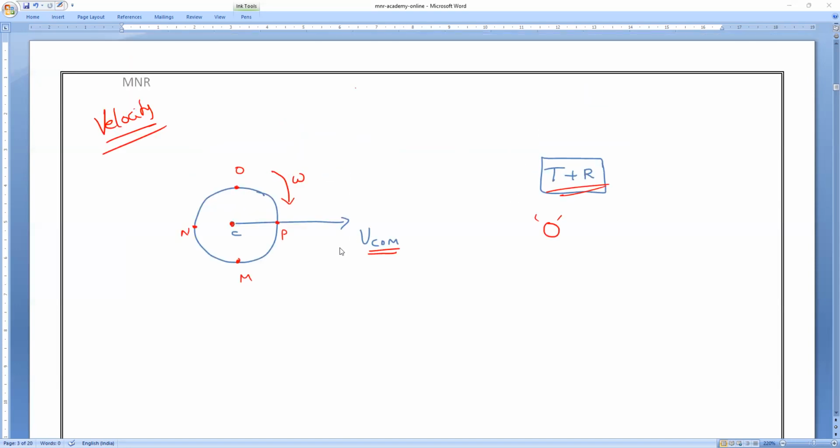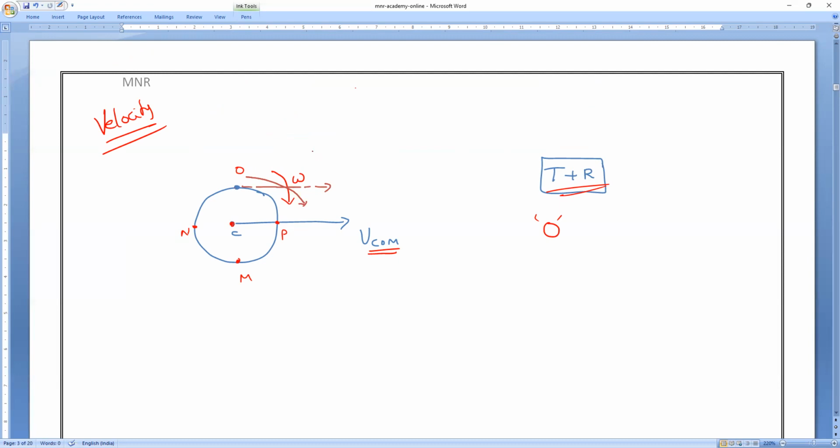Yes, sir. So now you can see, I am observing only particle O. Everybody pay attention now. Particle O is trying to move in this direction by translation motion, and by rotational motion also in the same direction. Is that clear, everybody?